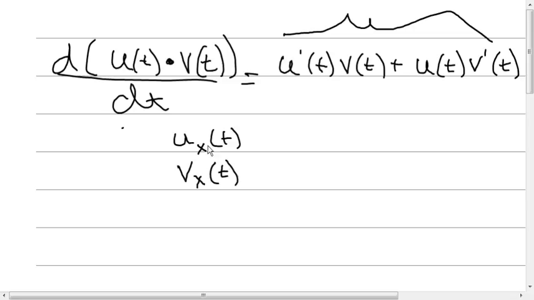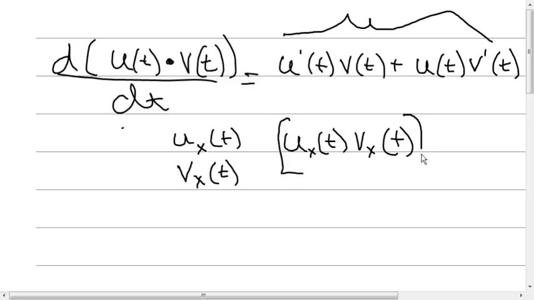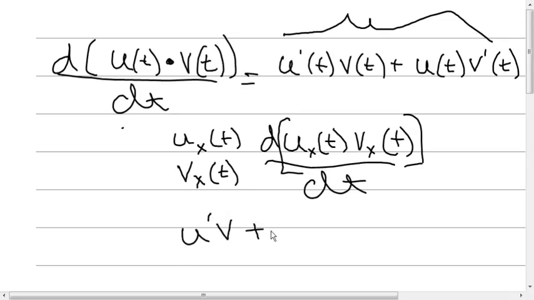When you take the dot product here, one of the things that's going to happen is you're going to multiply u sub x of t times v sub x of t. And then when you take the derivative of this with respect to time, obviously that's a product rule. And you're going to wind up writing something on the form like this. Now this is obviously just done as scalar functions, right?